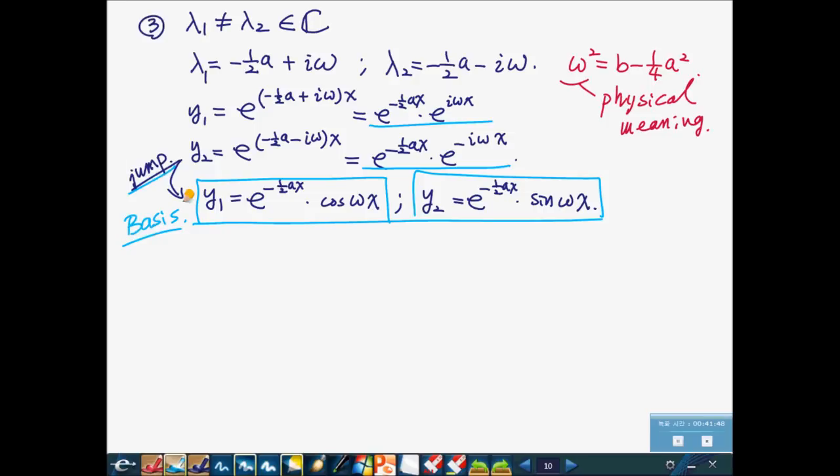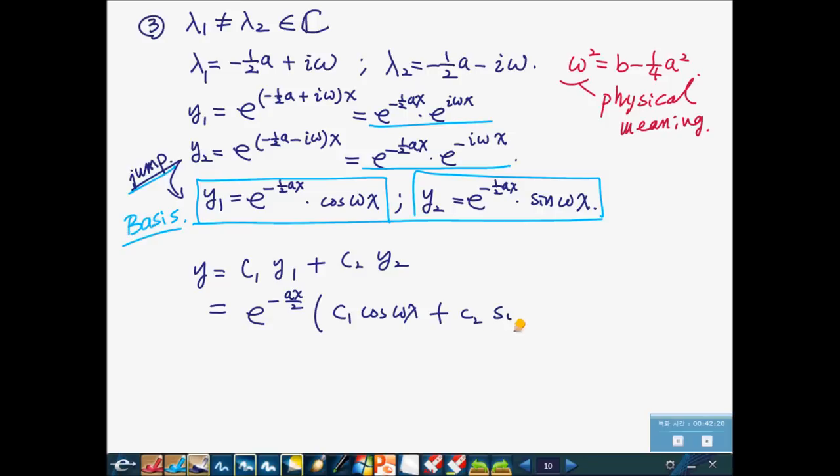But as long as you accept this jump, I'm going to explain a little bit, but as long as you accept this jump, your life is easier by assuming this. c1 y1 plus c2 y2 is e to the minus ax over 2 times c1 cosine omega x plus c2 sine omega x.